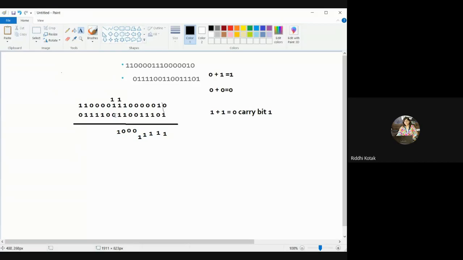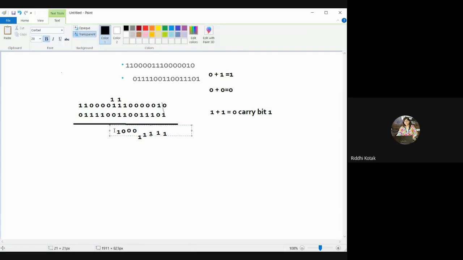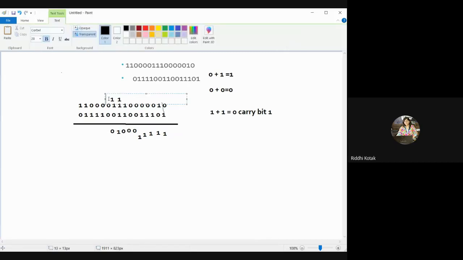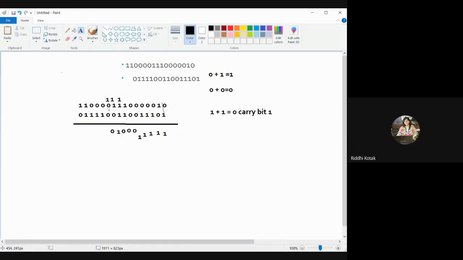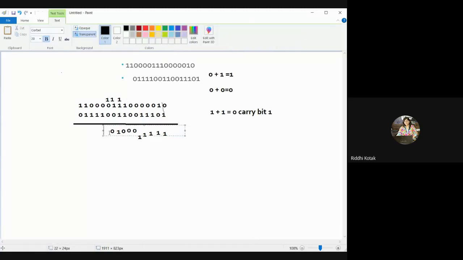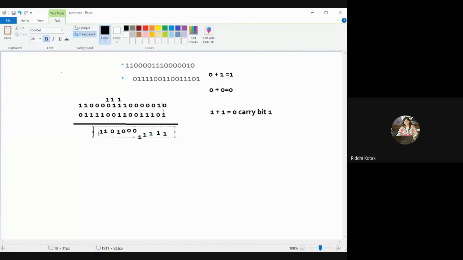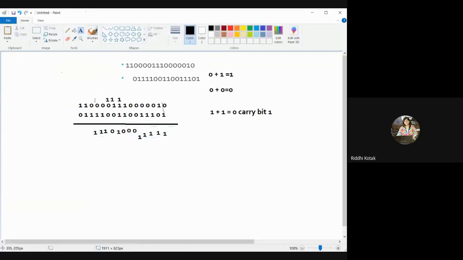Then 1 plus 0 is 1 and a 1 carry bit. So 1 plus 1, again you put 0 over here and that carry bit goes over here. Now 0 plus 0 is 0, but the 1 carry bit is here, so you write 1. Next 0 plus 1 is 1. 0 plus 1 is 1. 0 plus 1 again 1.